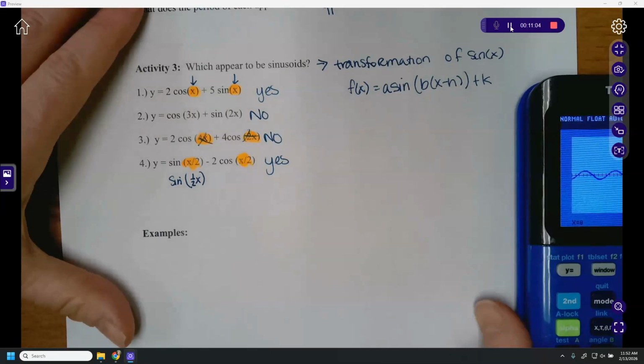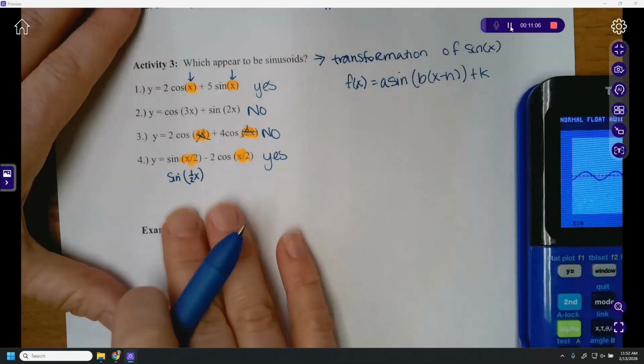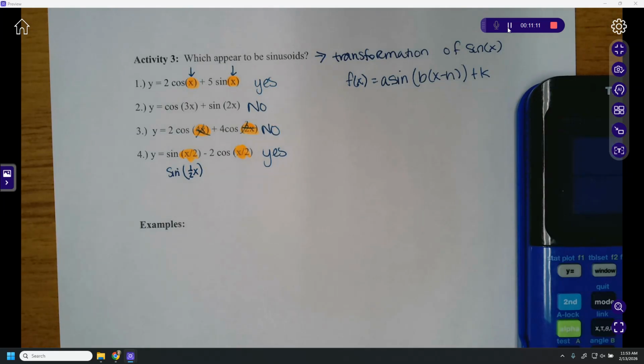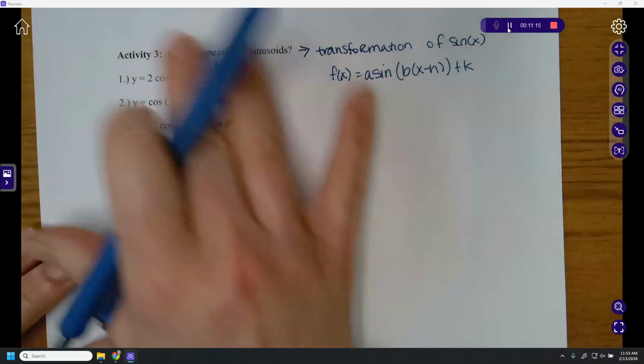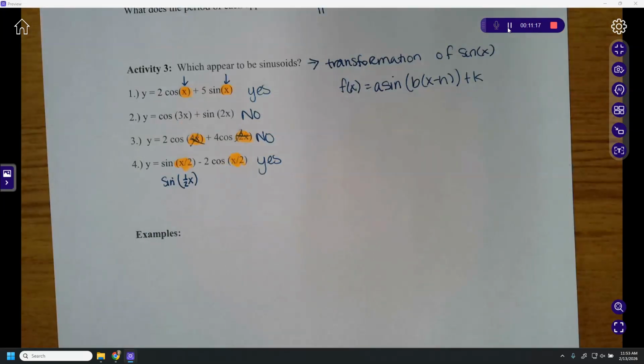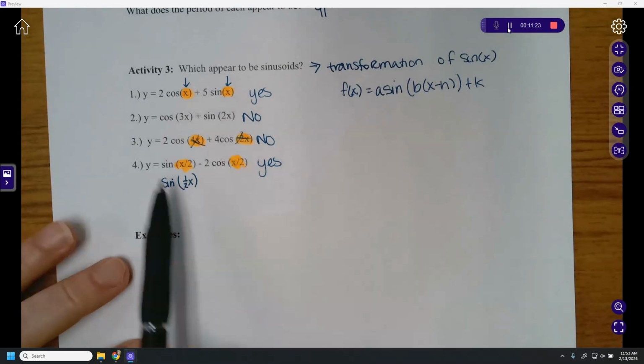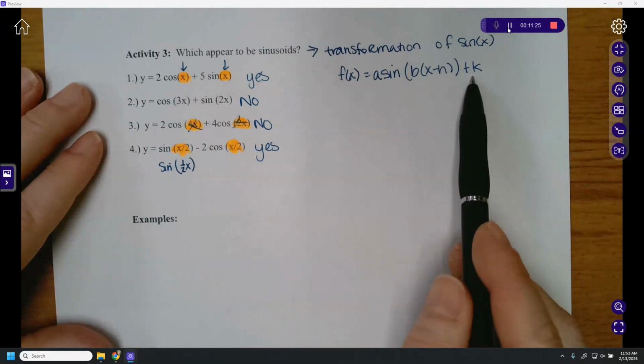In addition to that, what you should be able to do is use your calculator to graph and find an equation for it. Okay, so I will ask some homework questions where you're asked to take a function that's added together and write it as a single sine function.